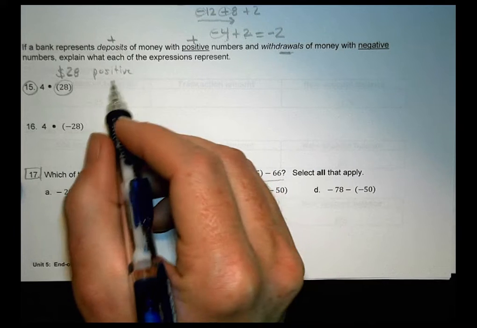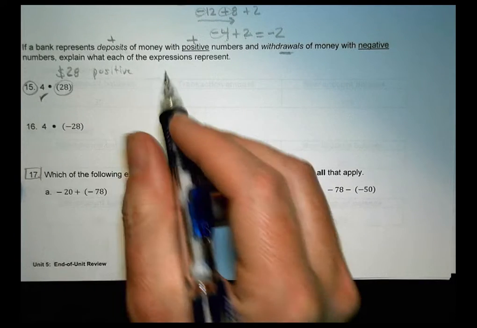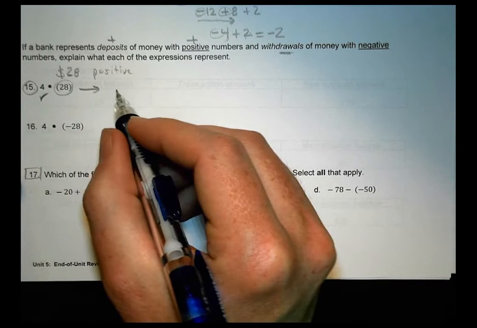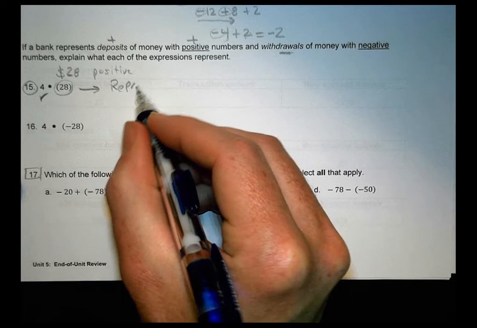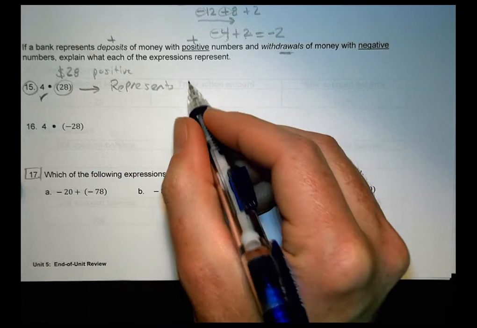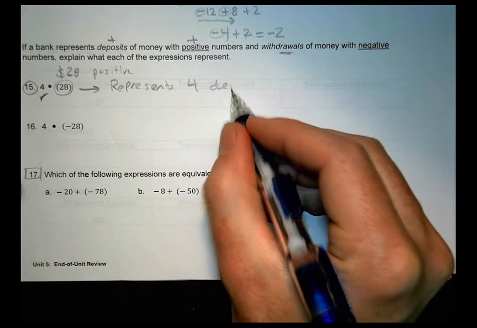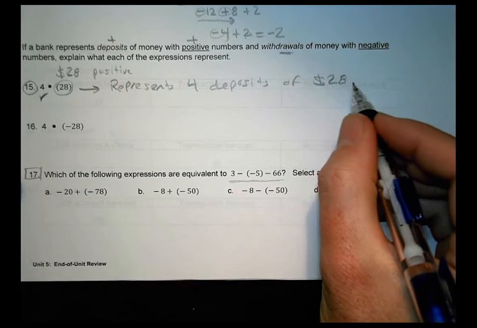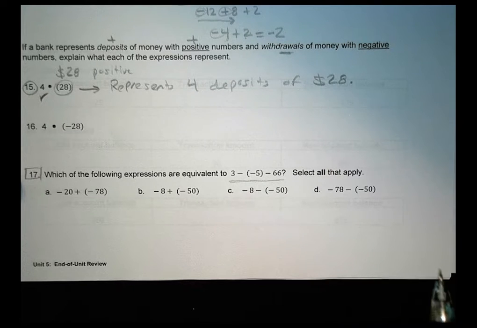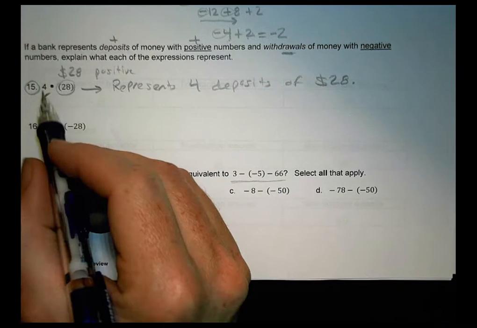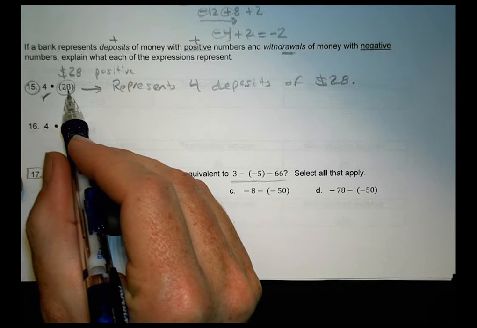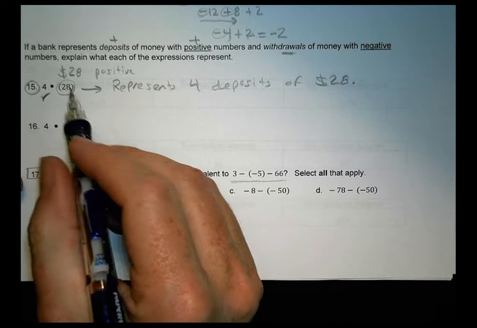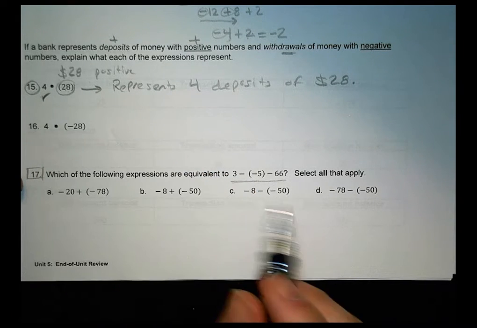So what we see happening here is happening 4 times. So we would say this probably represents 4 deposits of $28 in the bank account. Okay, and that's 4 groups of 28. They deposit $28 4 times. And again, we said that's a deposit because it's a positive number.